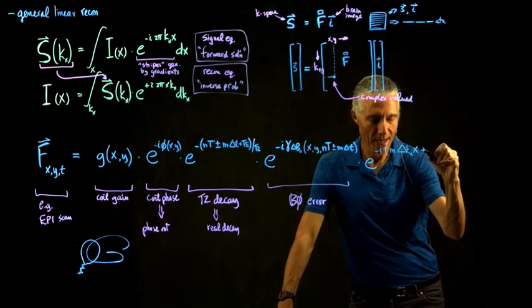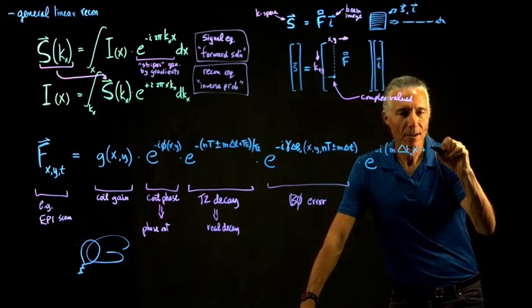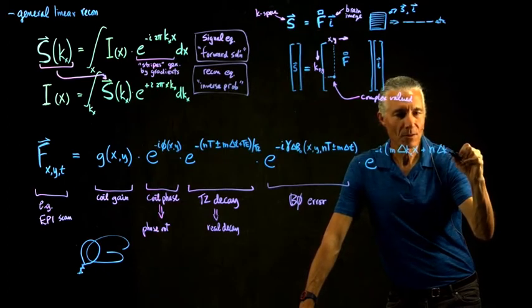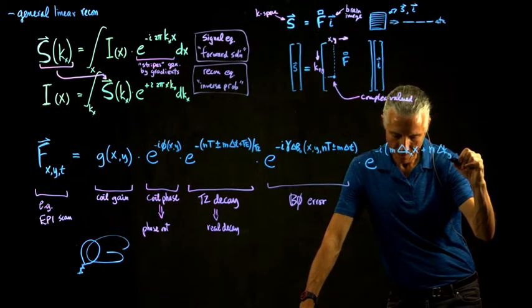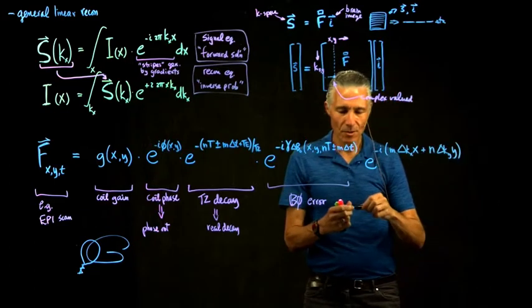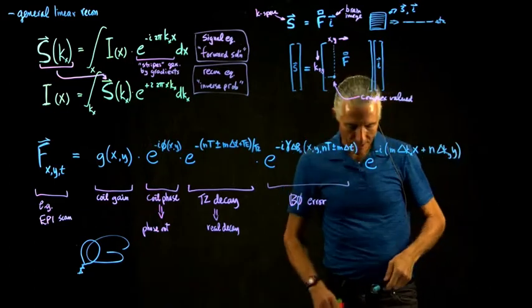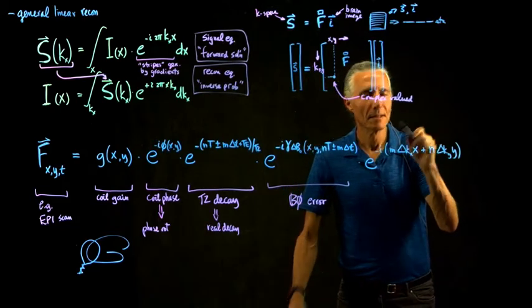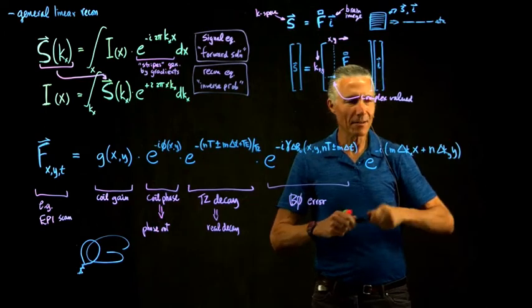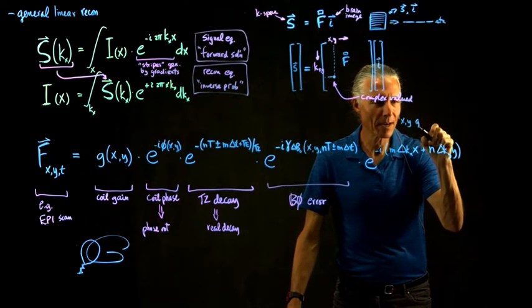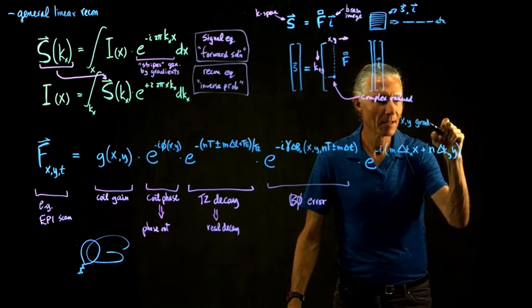This is basically our X and Y Fourier transform. But one thing I haven't put in here, we could also insert yet one more thing. The gradients are not completely linear, so XY gradient nonlinearity.